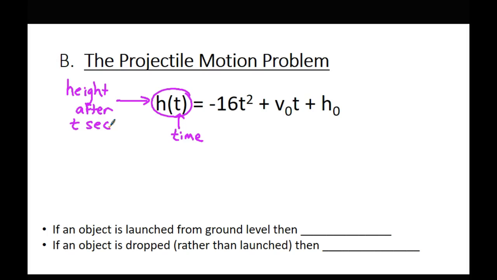In science, a lot of times when you have a variable with a little zero at the foot of it, that's called an initial condition or a starting amount. So what this represents is the starting height. And what the v represents here is the starting velocity.